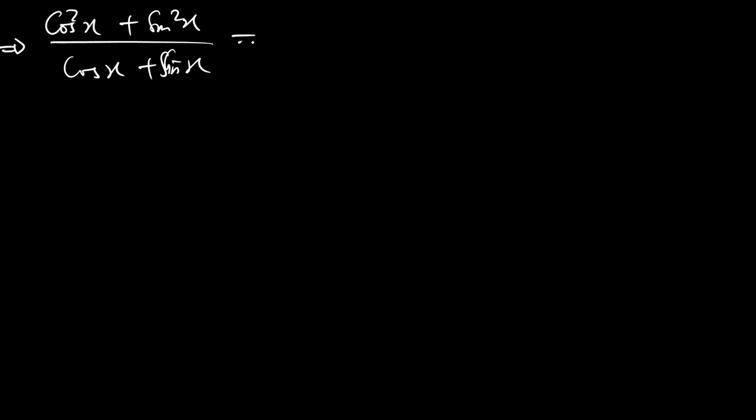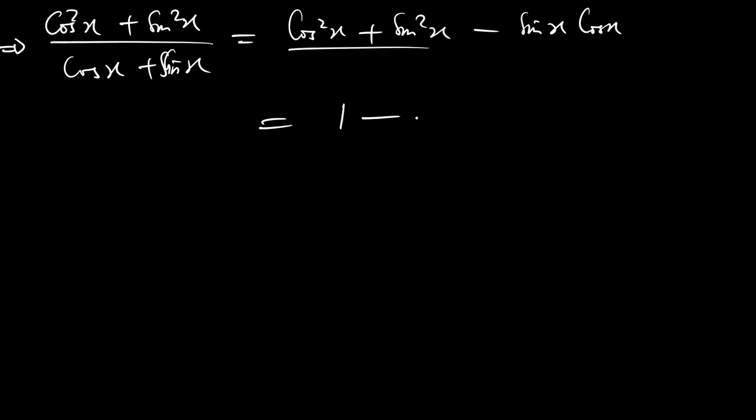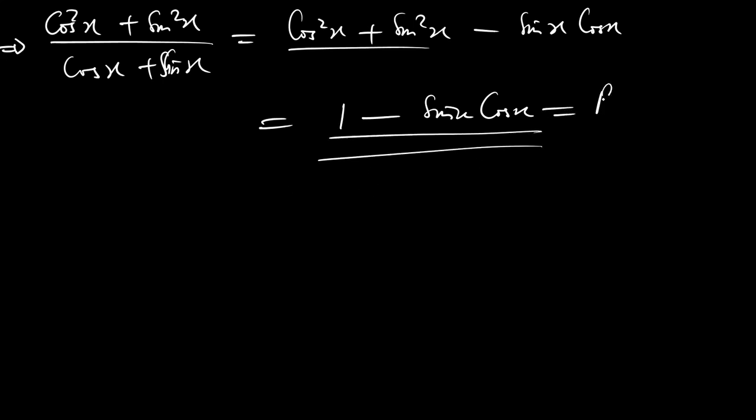That means it now implies that cos cube x plus sine cube x divided by cos x plus sine x is equal to cos square x plus sine square x minus sine x cos x. Since this is equal to 1, you now have 1 minus sine x cos x. So this is the final answer, which is the same thing as the right hand side.